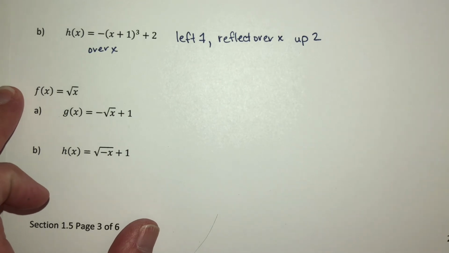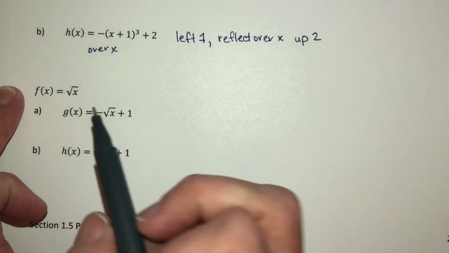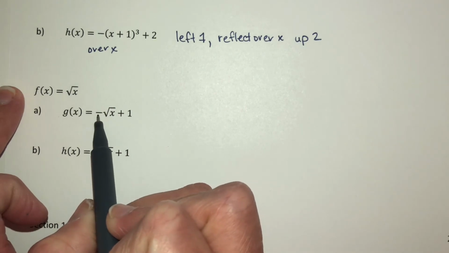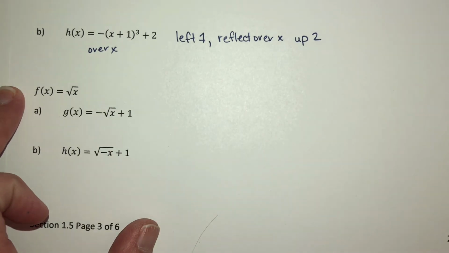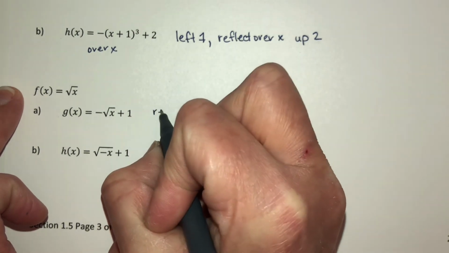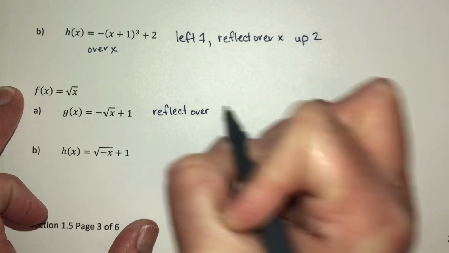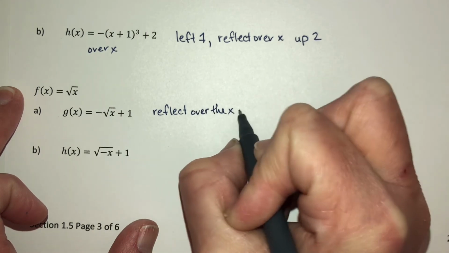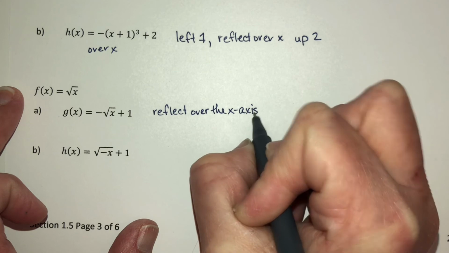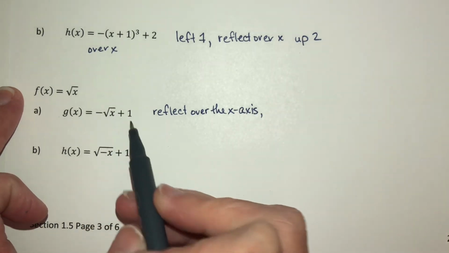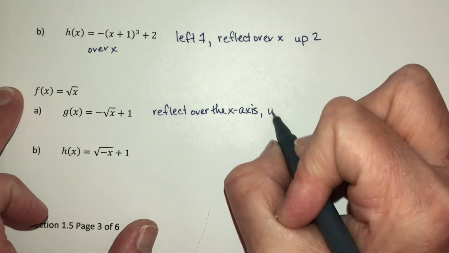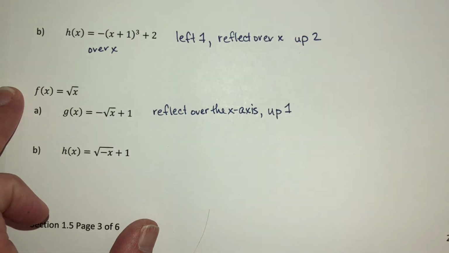But I do have reflections. Here, the negative is on the outside, and outsides are verticals, so this is a vertical flip, which means that we're going to reflect over the x. Then we deal with our vertical shift, and we go up 1.